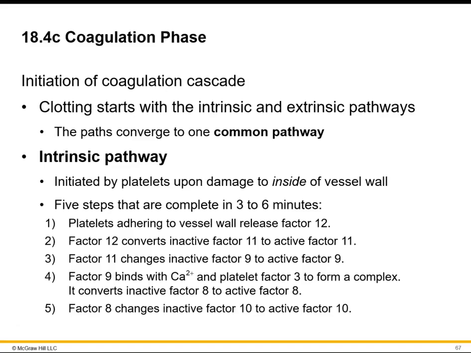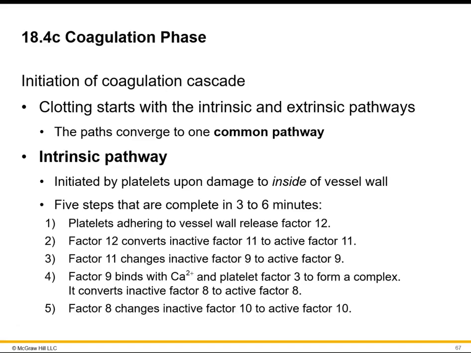Factor 9 is going to bind with calcium, so that's where calcium comes in, as well as platelet factor 3, and it forms a complex. That complex then converts inactive factor 8 to active factor 8, and then active factor 8 changes inactive factor 10 to active factor 10.